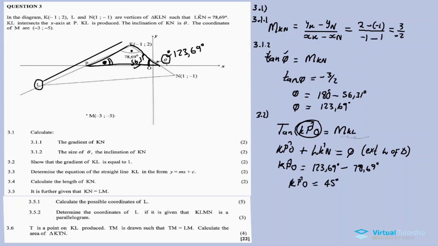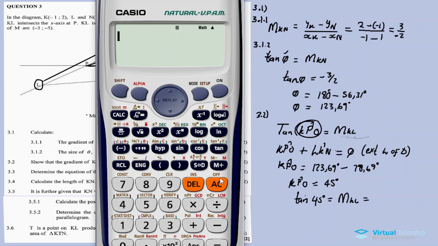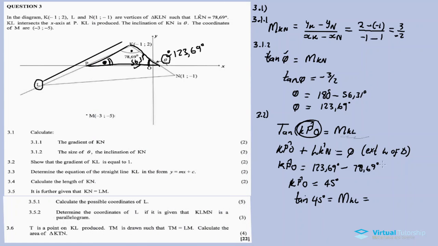So KPO is equal to 45 degrees. Now we just substitute KPO into tan: tan KPO equal to mKL. Tan 45 is equal to 1. Therefore, we showed the gradient mKL is in fact equal to 1. This is our answer for 3.2.